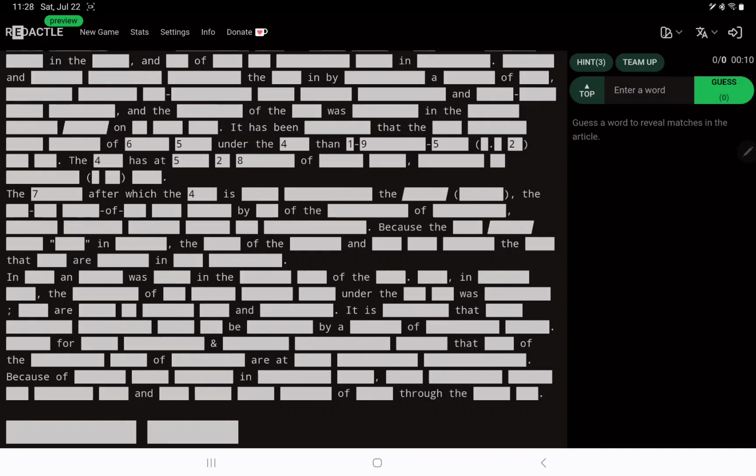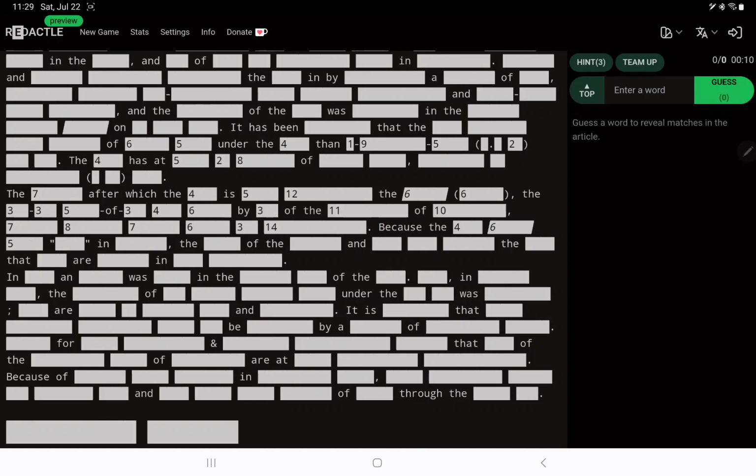The blank after which the blank is named. Oh, here we have about the name again. The 3-3, 5 of 3, 4, 6 by 1 of the 11 of 10.